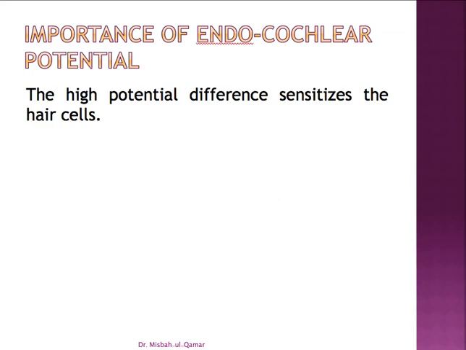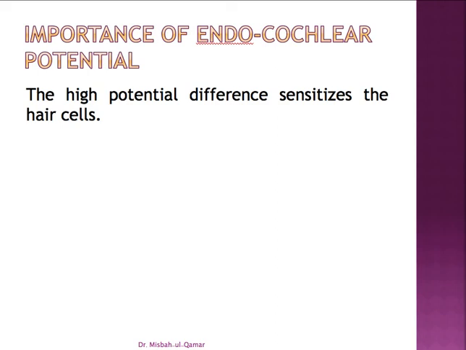It means that the spectrum of sensitivity of the hair cells is broadened. Even if there is a very minor stimulus, which causes a very small change in the electrical potential between the inside and the outside of the hair cell, it will be detected.